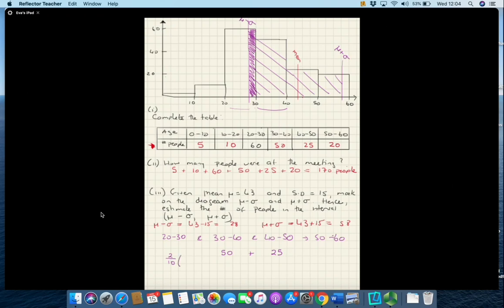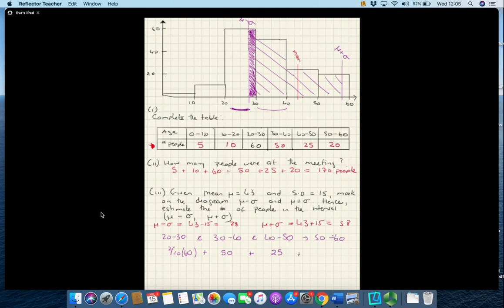How many people are in it? 60. I just have the area of it, because I'm going from 28 to 30, which is just 2. So it's 2/10 of the 60 people that are in it.